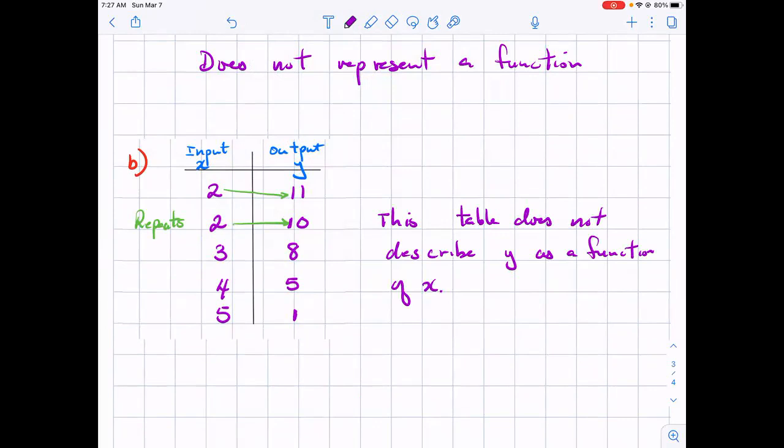The input 2 is matched with 2 different y values. Okay. And you will see later on when we do what is called the vertical line test, this will probably be easier for you to see, maybe easier for you to see as to why we're saying this.